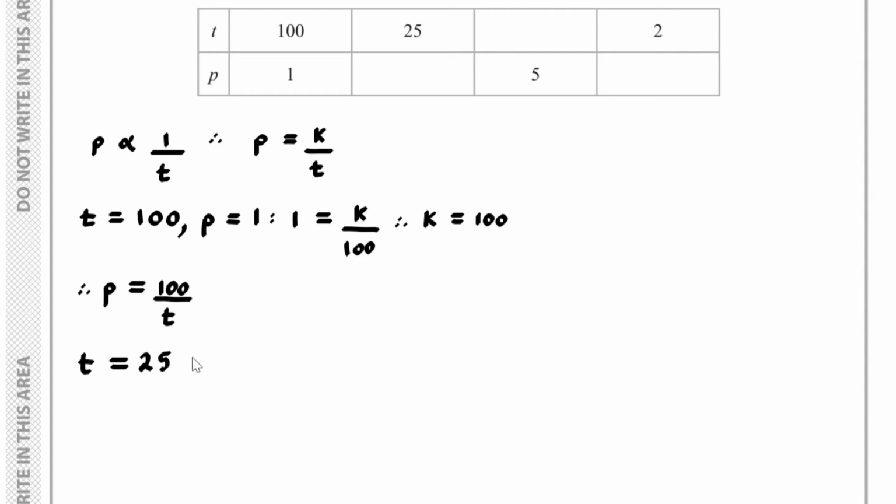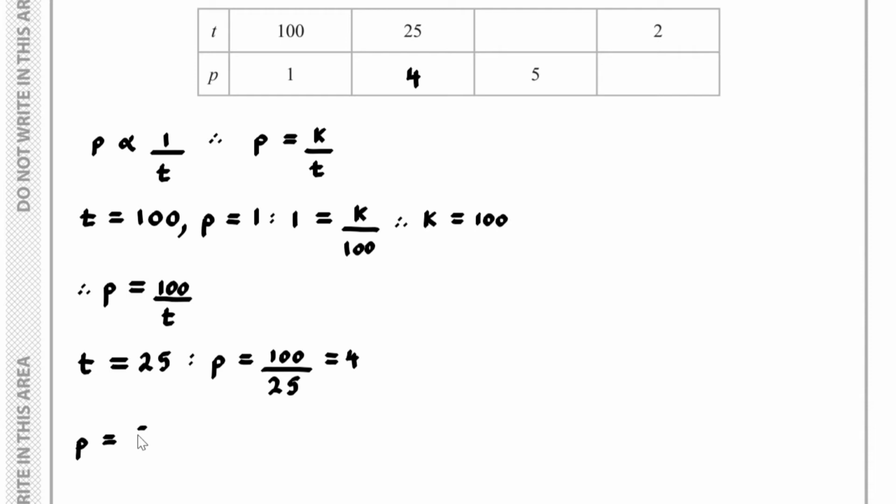we can find out what P is. P would then equal 100 over 25, which is 4. Let's see what happens when P is 5.